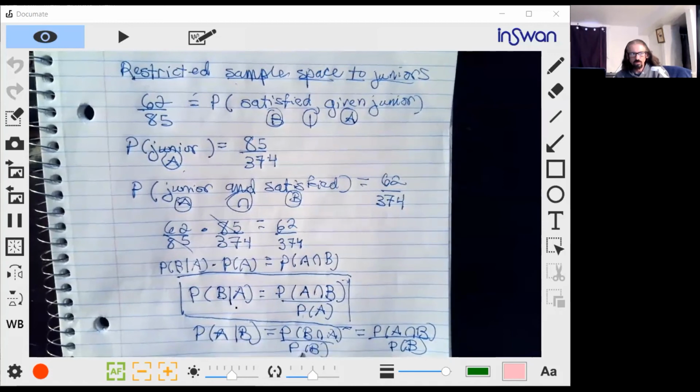But again, the order of intersection doesn't matter. So what really matters is, since we're talking about the probability of A given B in this version of the formula, then what I'm dividing by here is the probability of B. So again, B given A or A given B, we're not talking about a fraction, but based on the order of that, you can see what you're dividing by there.